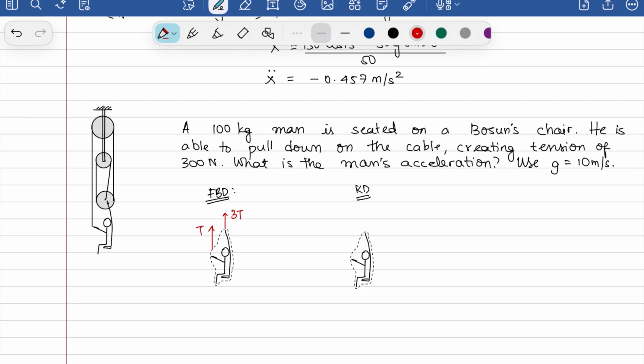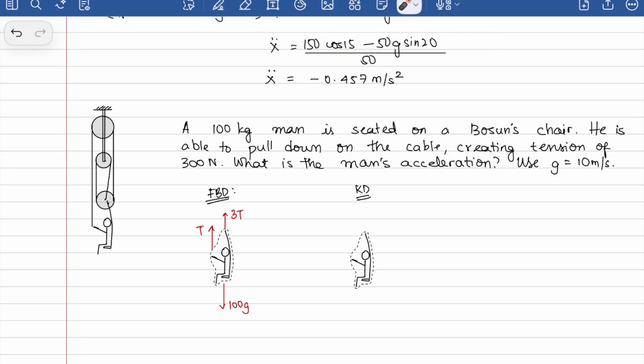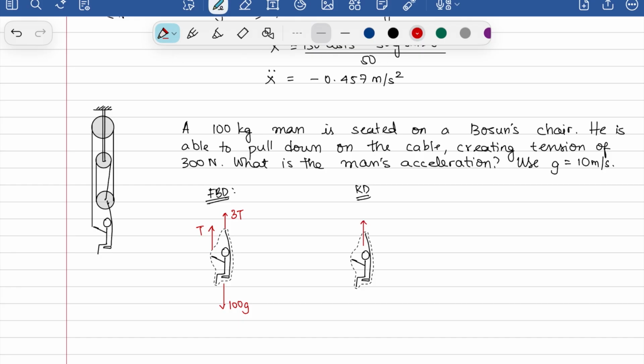We do have gravitational force that is 100g. And if I were to assume that the acceleration is upward, then I have 100 y double dot as my acceleration in the kinetic diagram. And now I relate these. So I have essentially 4T minus 100g is equal to 100 y double dot.